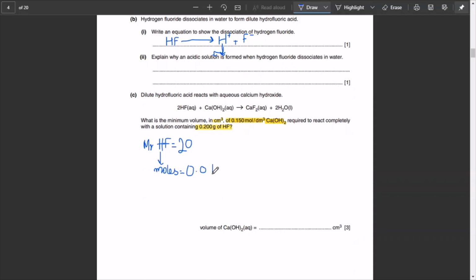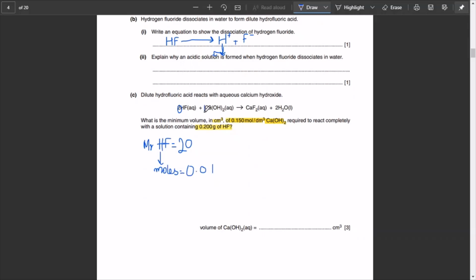Now moving on, we have the concentration over here, 0.15 moles. We are going to find the moles of Ca(OH)2, and as we can see over here, there is a 2:1 ratio.